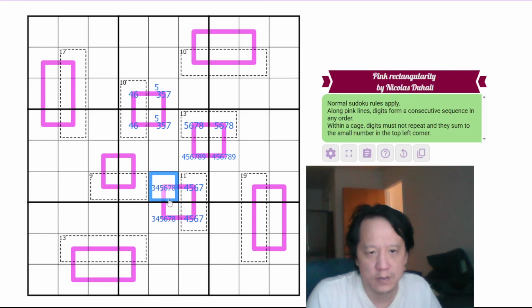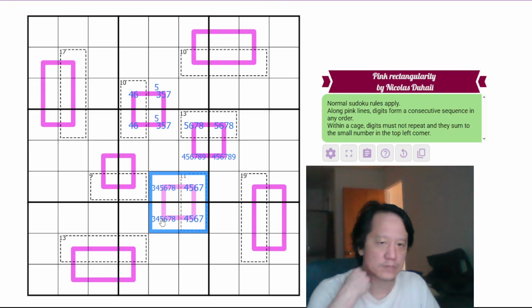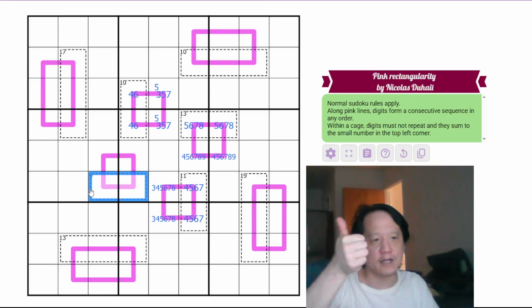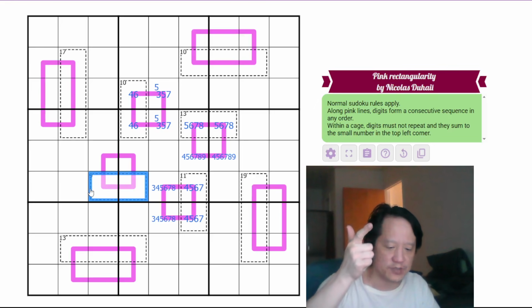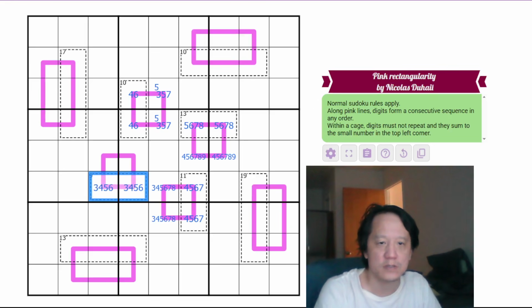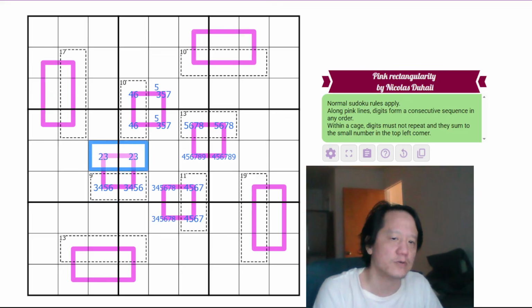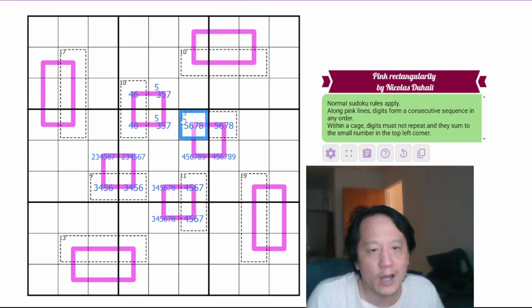Okay. To add up to 9, 1, 8 has a difference of 7, 2, 7 has a difference of 5, 3, 6, and 4, 5 potentially work. And if this is 4, 5, it could go down to 2, 3 here, or up to 6, 7. And if this is 3, 6, this would have to be 4, 5.